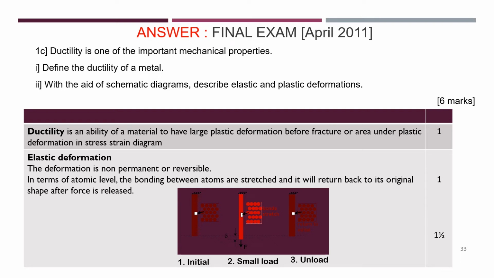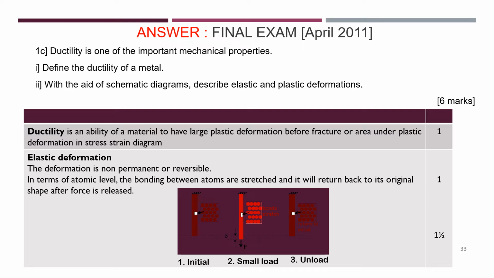So, here are the answers. Ductility is one of the mechanical properties, and it is the ability of the material to have large plastic deformation before fracture, or it can also be defined as the area under plastic deformation in the stress strain diagram.